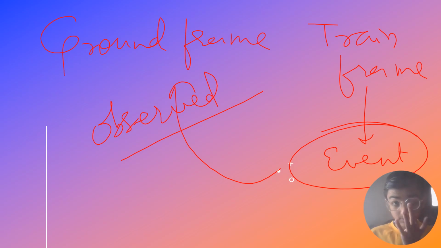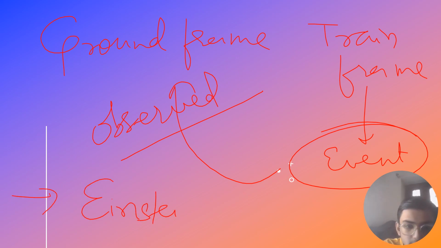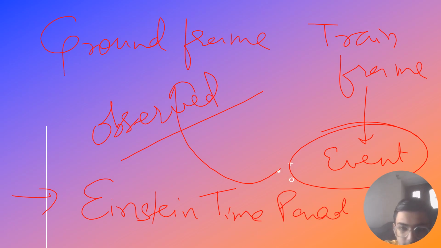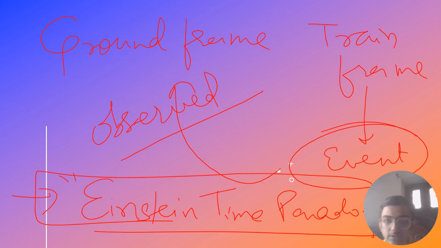We will not go into much depth, because our main agenda was to discuss the relativity of simultaneity of events. One thing you also have to understand is that this term is sometimes called Einstein time paradox. If you see this term somewhere, you must understand that it refers to the relativity of simultaneity of events, nothing more, nothing less.